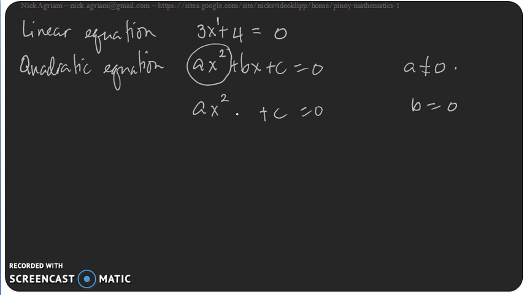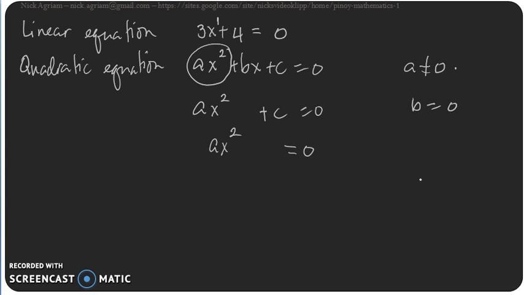Because you should know the different appearances of a quadratic equation. It doesn't matter if it has only two terms. It's not always three terms or a trinomial. It can be two terms only. It can be one term. It can look like this: ax squared is equal to 0, so c is also 0.